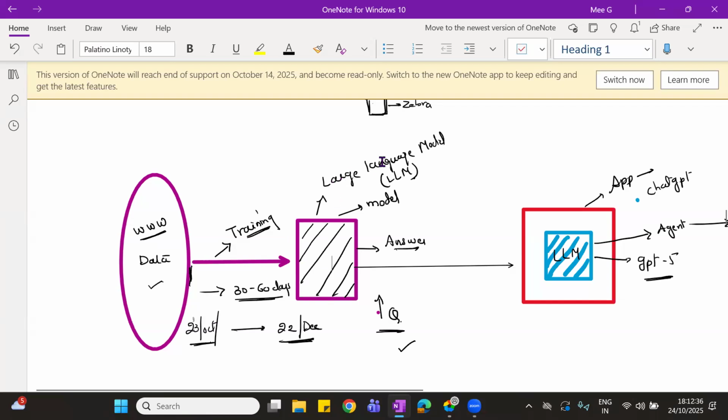That is called a large language model, which is LLM. We put this inside an application, and then that application starts working very intelligently. One example of such an application is ChatGPT, and the LLM is GPT-5 or GPT-4 or something like that.